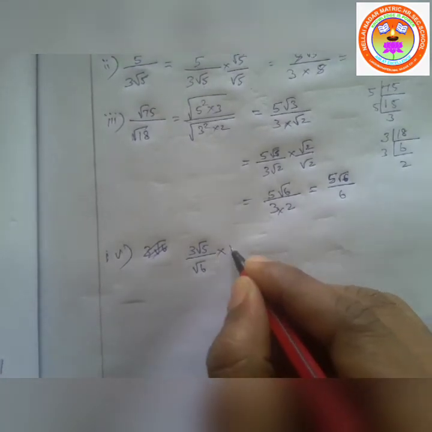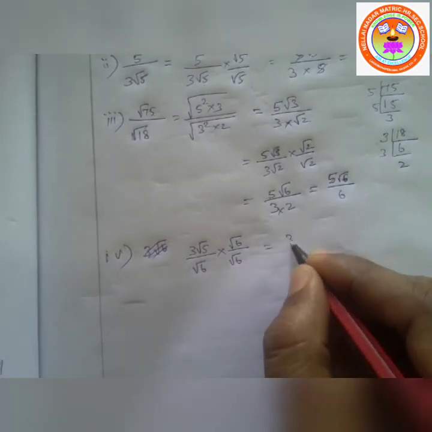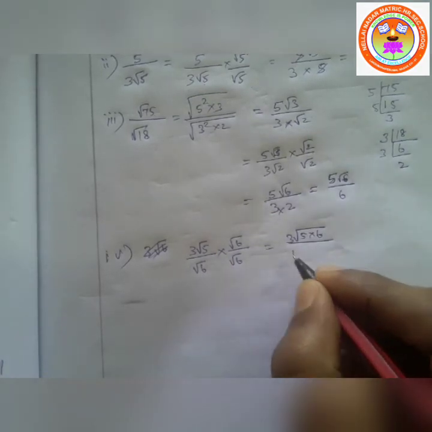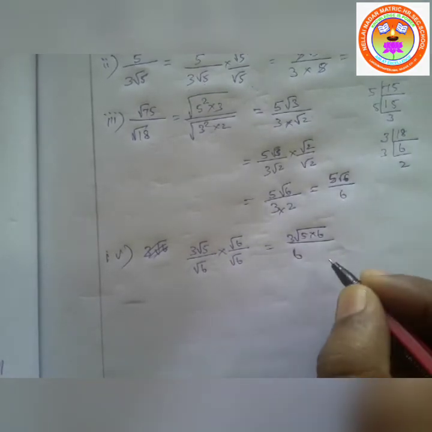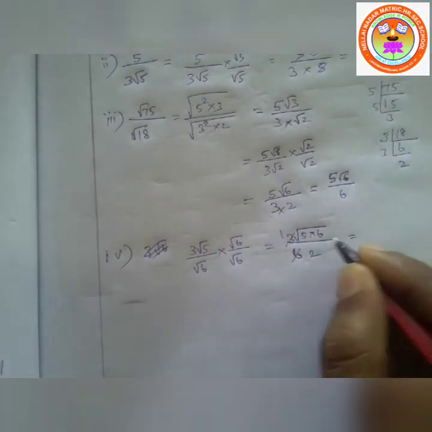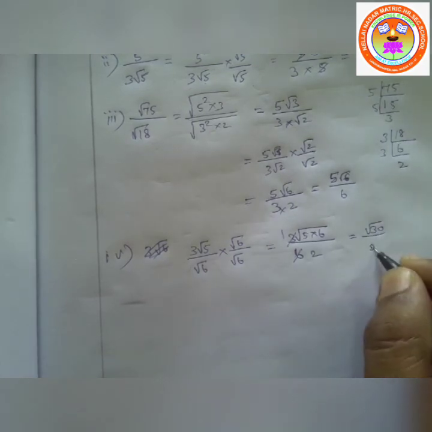So we have to multiply and divide by root 6. If you multiply, 3 root 5 into root 6 by root 6 into root 6, which is 6. Now this 3 and 6 will get cancelled, so this is nothing but root 30 by 2.